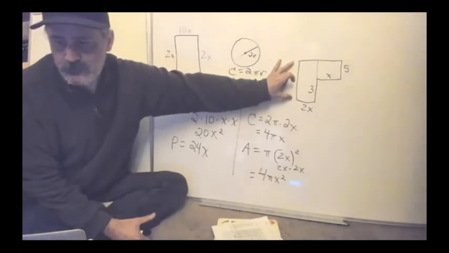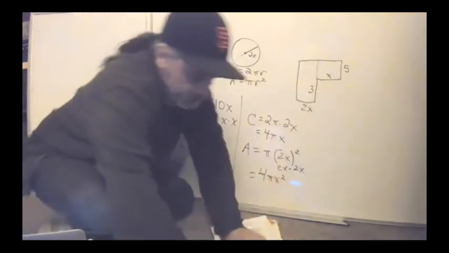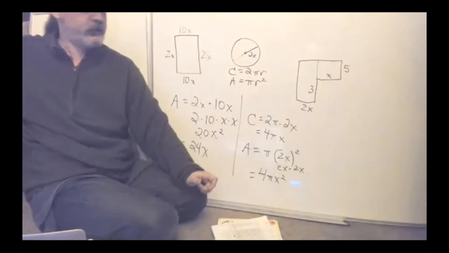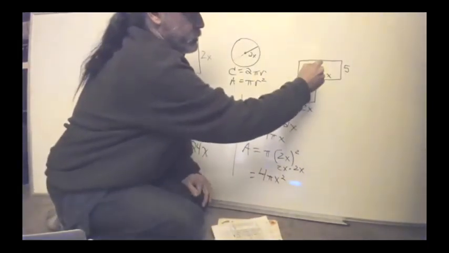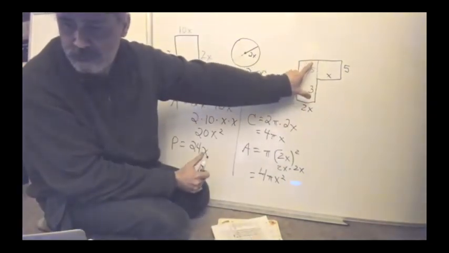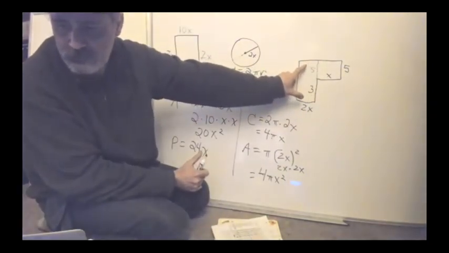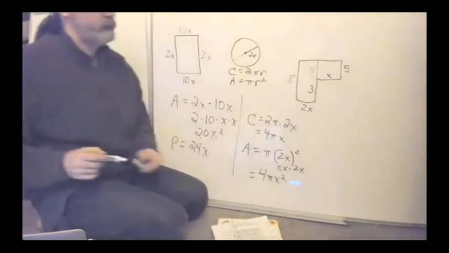All right. So we're going to have to use the opposite side of the rectangle. All right. So the opposite side of the 5 would be 5. And now we can see what the opposite side of the left rectangle would be. It would be 5 plus 3. So this is 8.